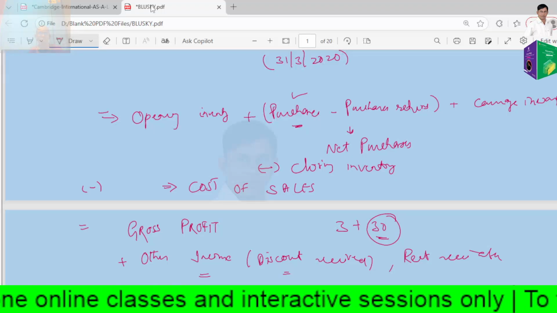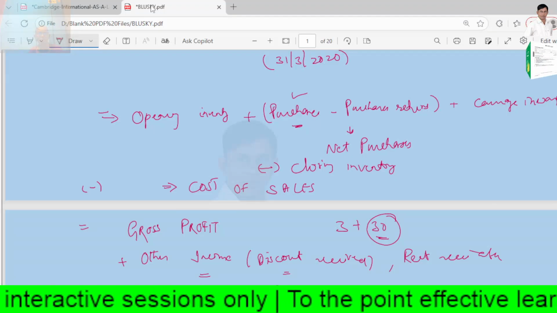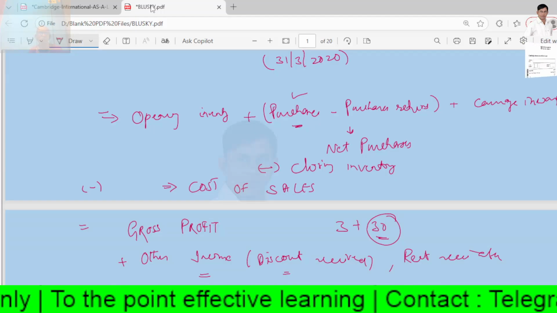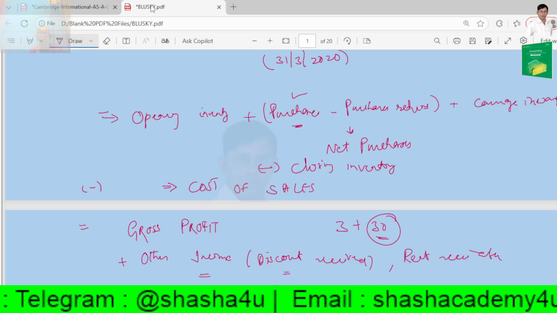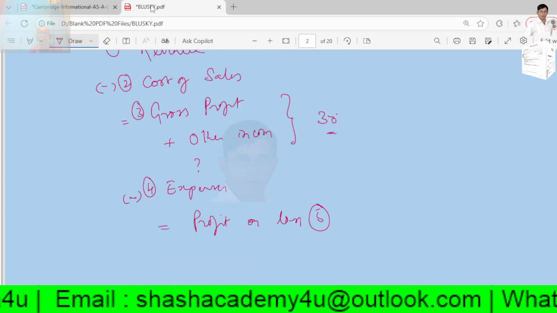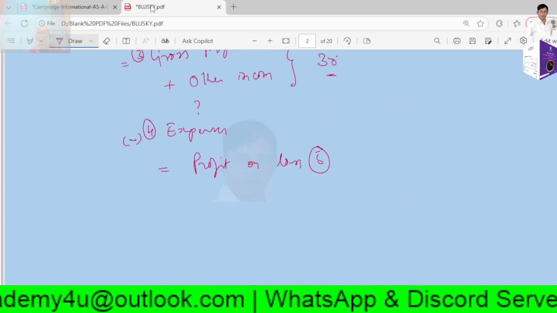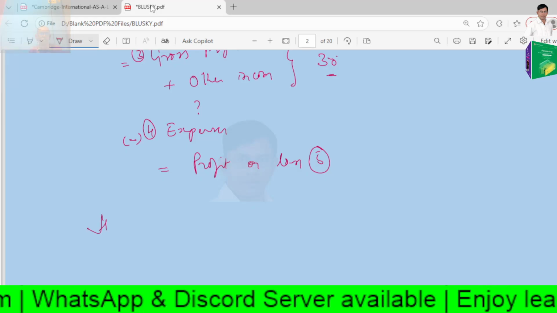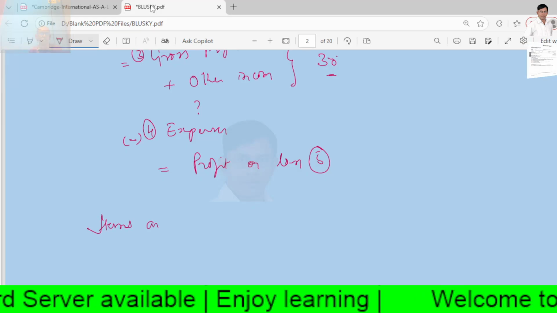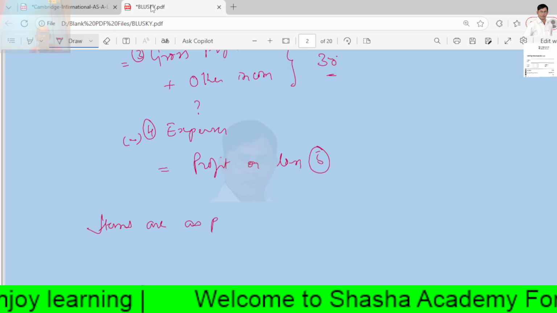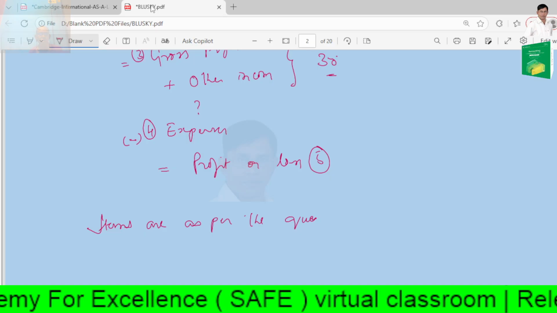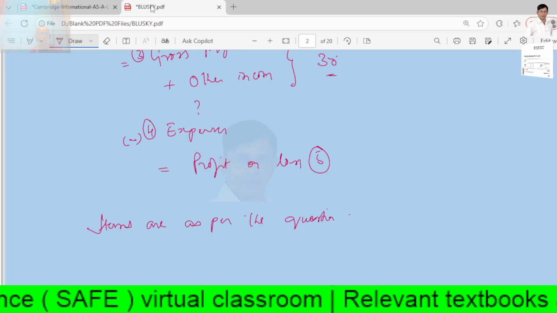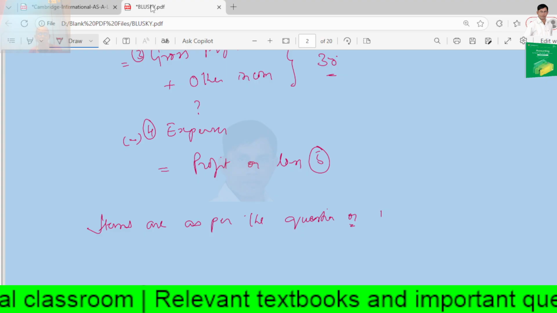You can write 0 or just leave it. So the answer depends on whatever details are given. The line items are as per the question or info provided.